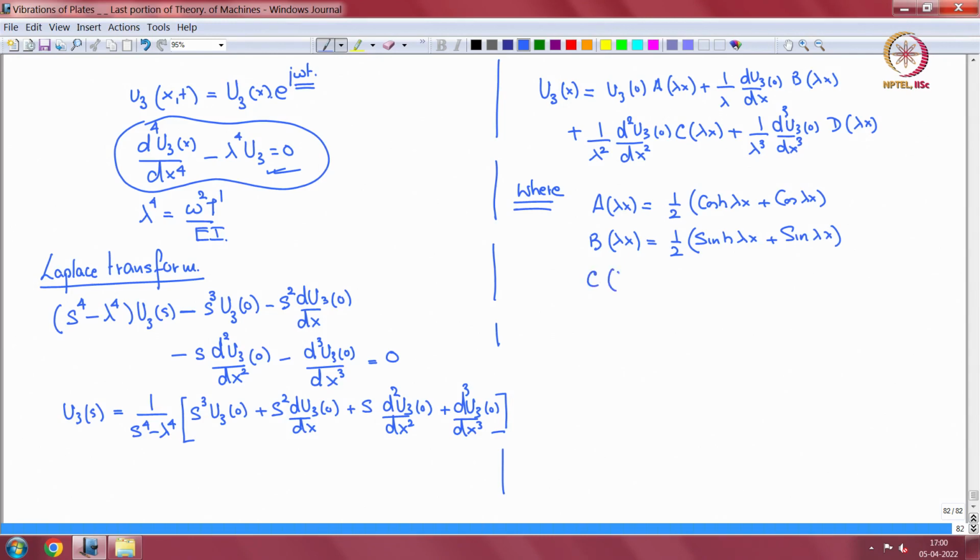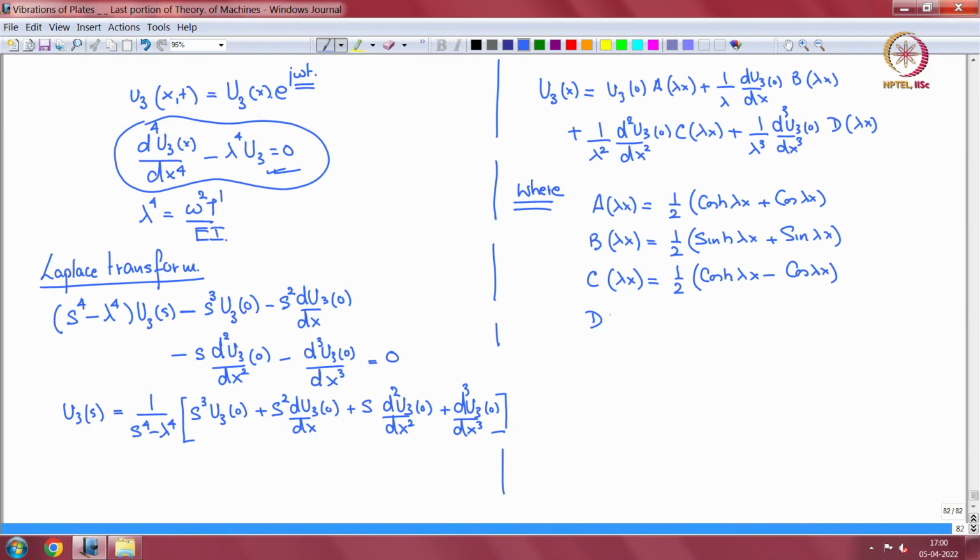C of lambda x is 1/2 cosh lambda x minus cos lambda x.